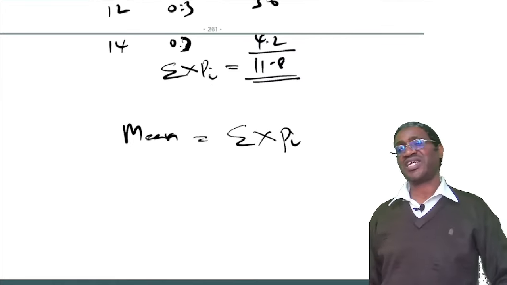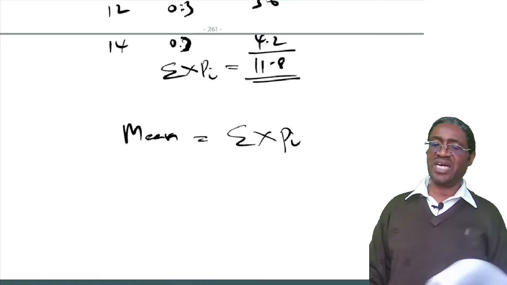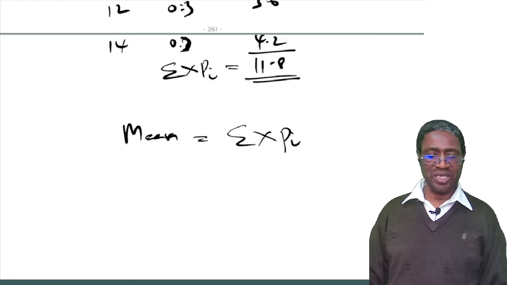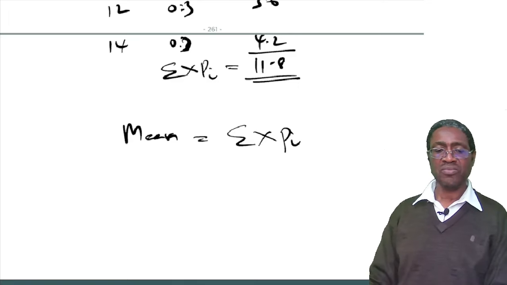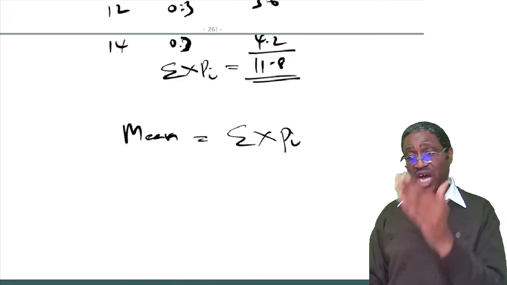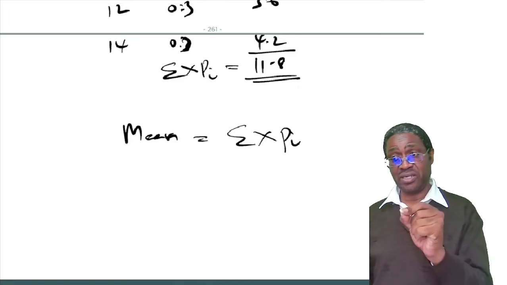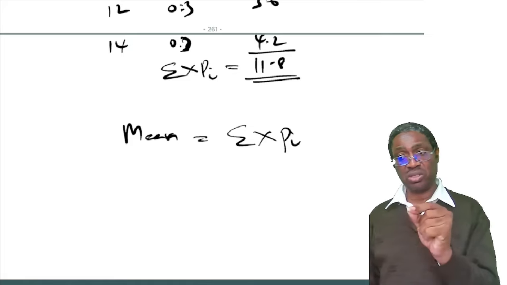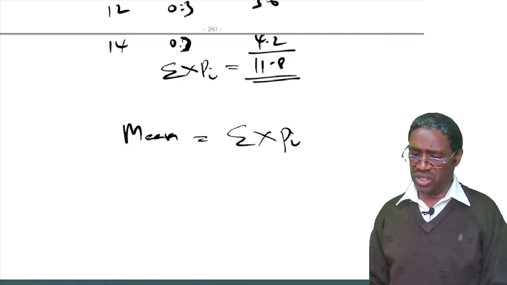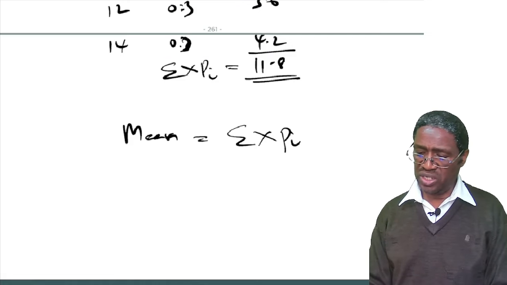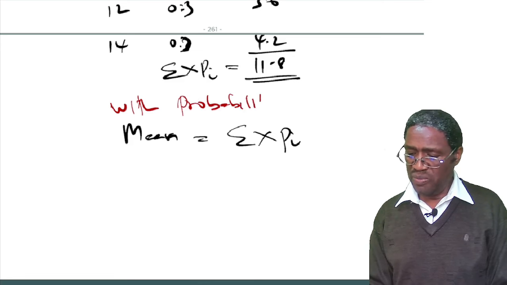Good. With that idea, let's put down another subheading. Write the subheading: expected or average returns of a single security, with probability.